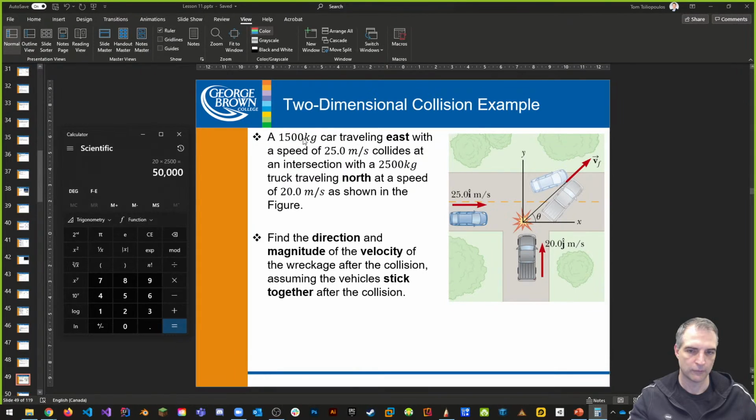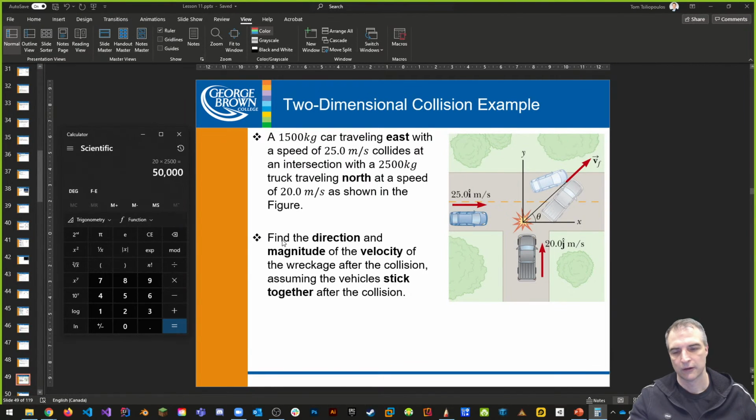We're not quite at half, but let's say almost half the mass of the truck. So the truck's momentum is going to carry the whole system forward in the north direction. We know that's going to happen. It's also going to move a little bit to the right, because there's momentum on the x-axis, and momentum is conserved across each component.